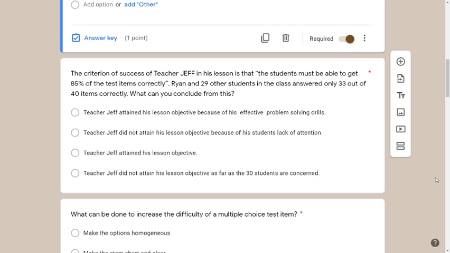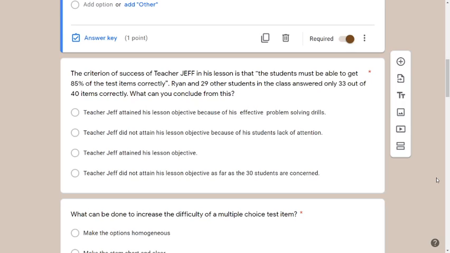A. Teacher Jeff attained his lesson objective because of his effective problem-solving skills. B. Teacher Jeff did not attain his lesson objective because of his students' lack of attention. C. Teacher Jeff attained his lesson objective. D. Teacher Jeff did not attain his lesson objective as far as the 30 students are concerned.